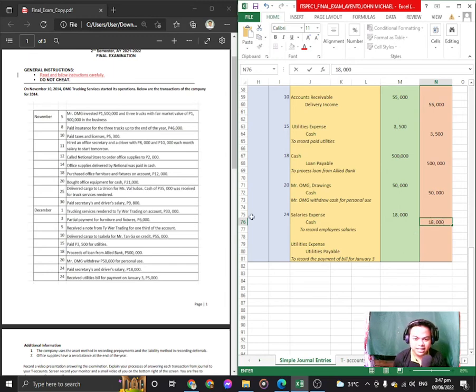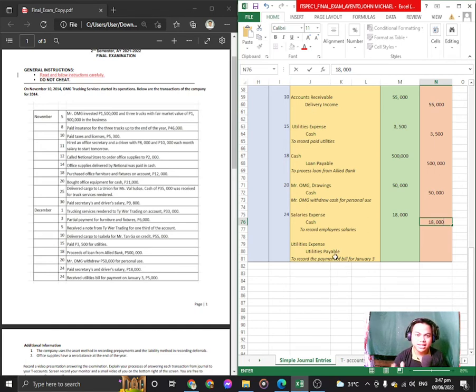And then for the second transaction for December 24, to record the employee salaries sa to ang unang transaction sa December 24. Okay, and the next transaction for December 24, receive utilities bill for the payment of January 5 at a total amount of 5,000 pesos. Okay, receive utilities.